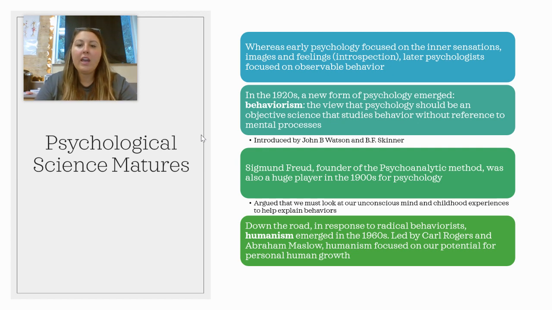So behaviorism was the view that psychology should be an objective science that studies behavior without reference to mental processes. The big wigs in this one were John B. Watson and B.F. Skinner. We will talk at length about them later, but those are the big guys for behaviorism.